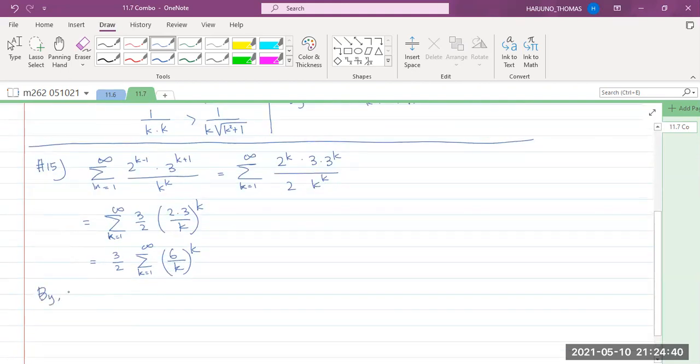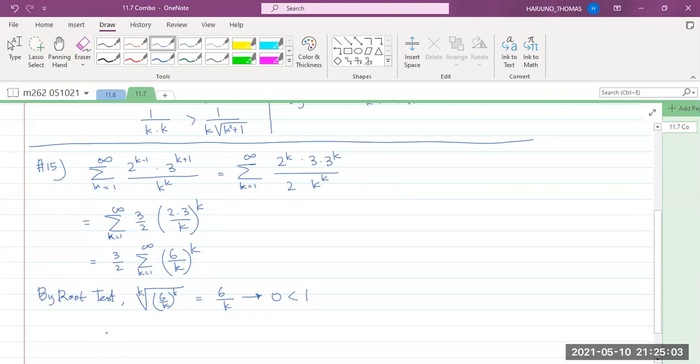By the root test, or you can also say the root test, the kth root of 6 over k to the k is 6 over k, and this converges to 0, which is less than 1.